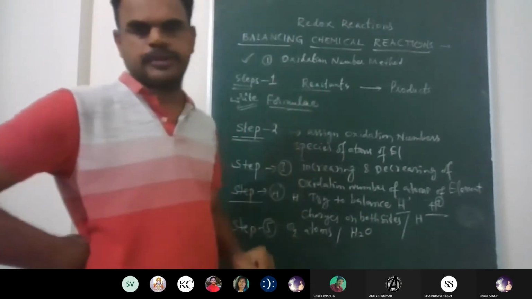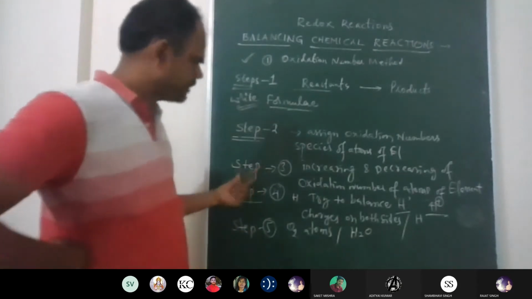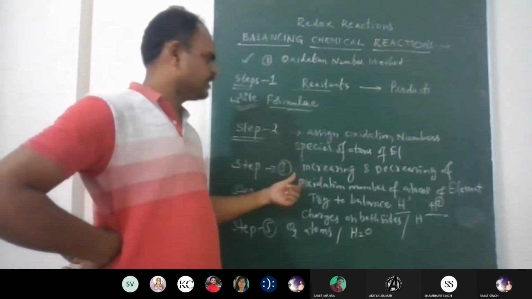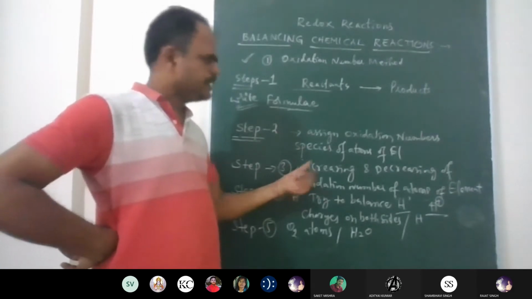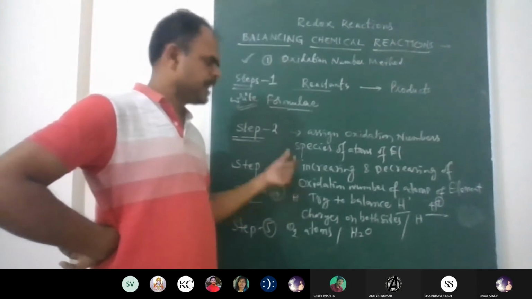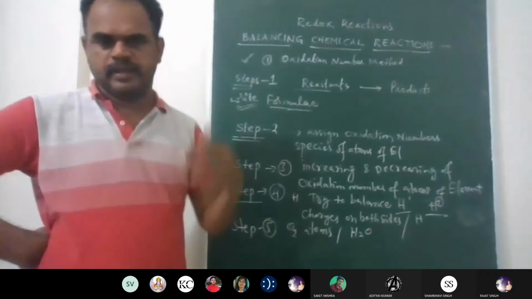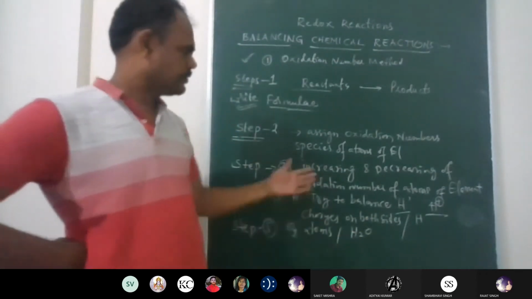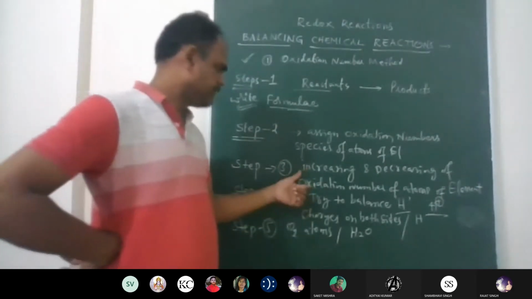In step 3, after assigning the oxidation numbers in step 2, we find how much the oxidation number is increasing and how much it is decreasing for the atoms of the elements.